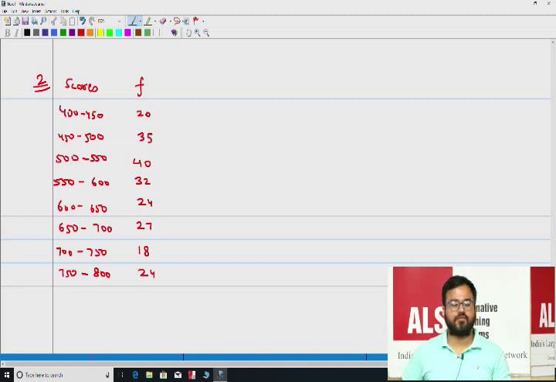Scores are given from 400 to 450, 450 to 500 with an interval of 50, and the number of students is given as the frequency, like those students who got a score of 400 to 450 are 20, 35 and so on.